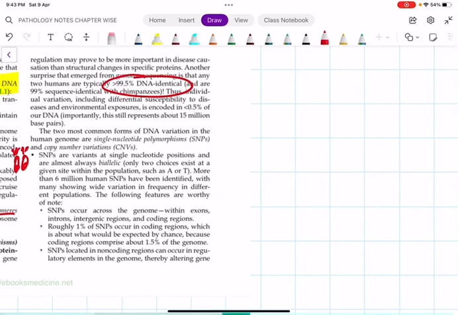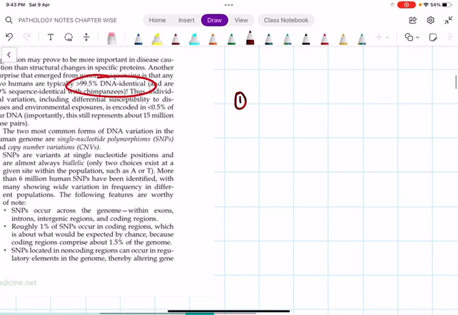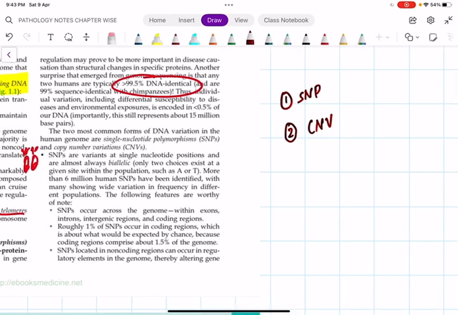We have two types of variation, children. Number 1 is SNP, single nucleotide polymorphism, and number 2 is CNV, copy number variation. What do you mean by SNP? Single nucleotide polymorphism: a single nucleotide variation in a part of the DNA or genome.